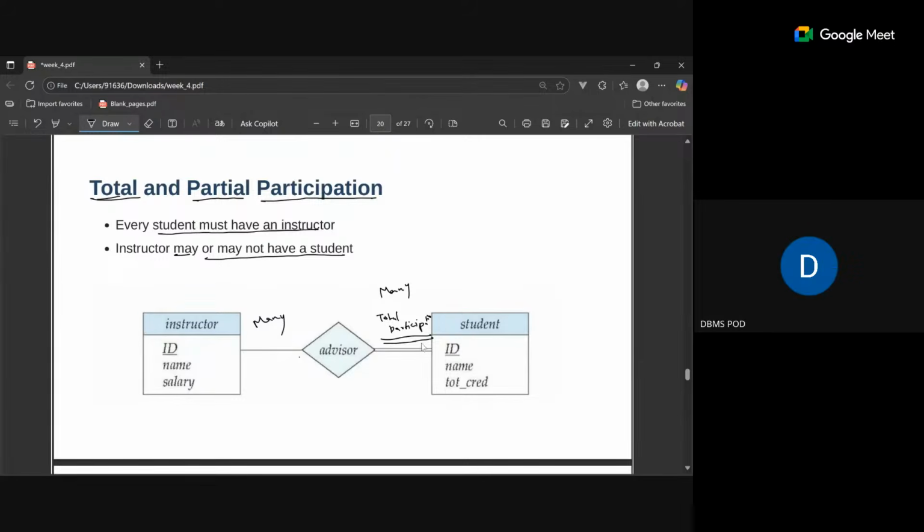But you are adding one more logic. It should have total participation because of the university, or this is how it comes. Whenever you start designing something, they will use so many logics. It's not that easy to design a database.